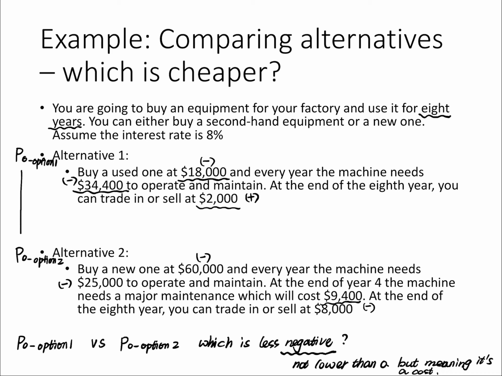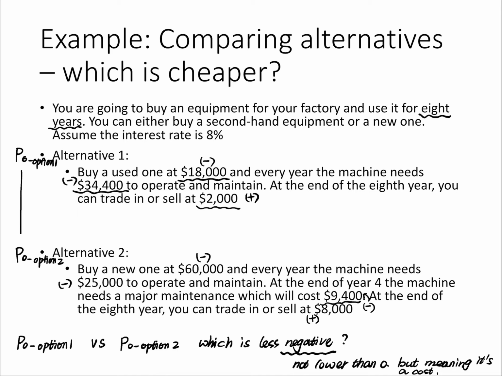That major maintenance is also a cost, so it's negative. And at the end of the year 8, you can trade in or sell at a higher price compared to the 2,000 for option 1, right? And that's the money you receive in the end because you sell it, so it's positive. Okay, so these are the 2 options.